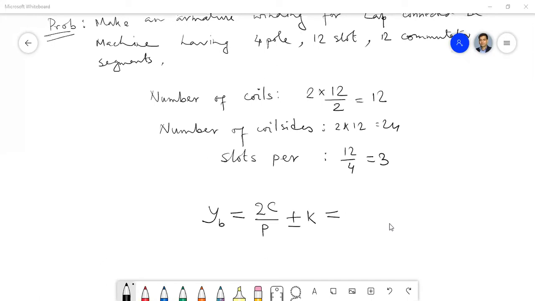It is coming like this: 6 plus minus k, where k is the number which will make 6 odd. So either you can take 5 or you can take 7. Any number you can use.